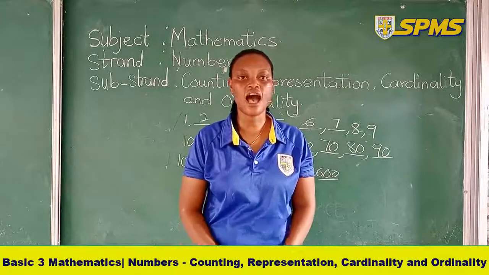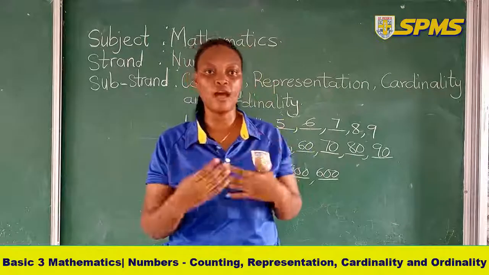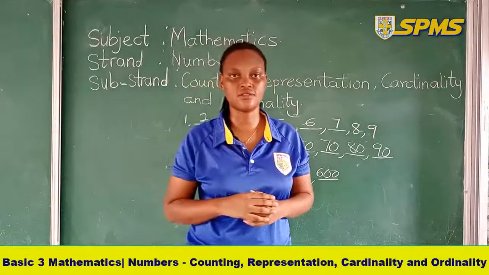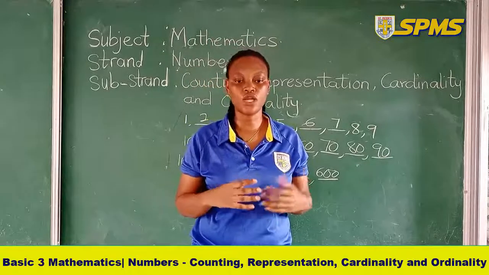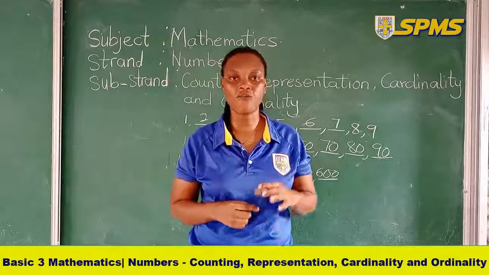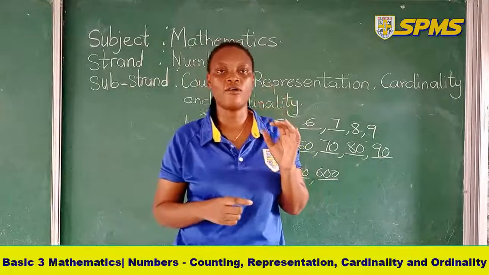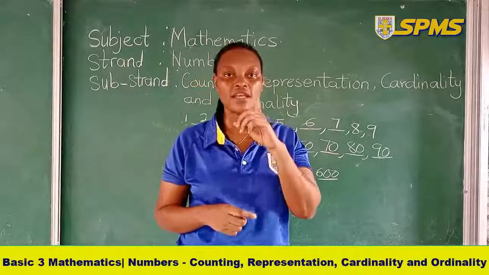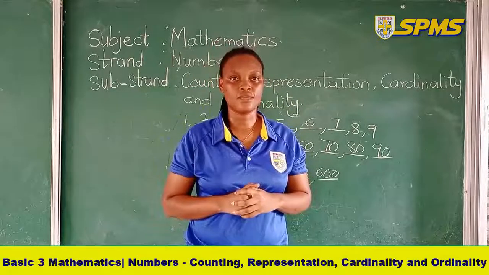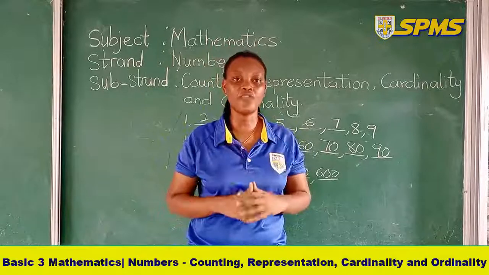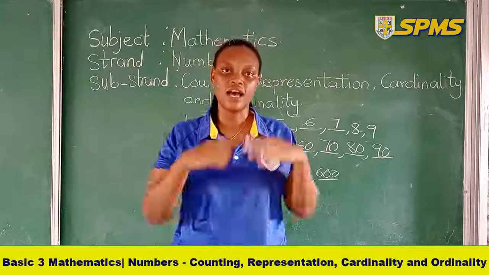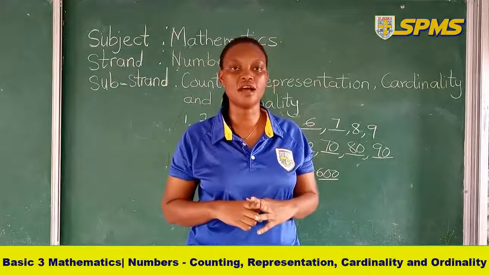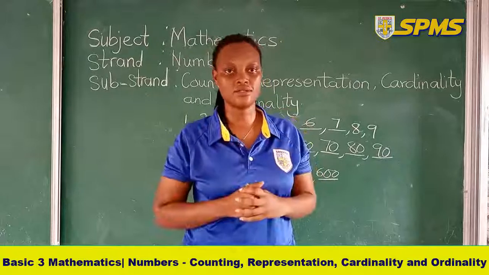Today we've learned how to skip count in ones, in tens, and then in hundreds. We've also learned that 10 of ones or 10 of loose blocks will give us 110. And then 10 of the tens will give us what? 100. And 10 of the hundreds will give us 1,000.